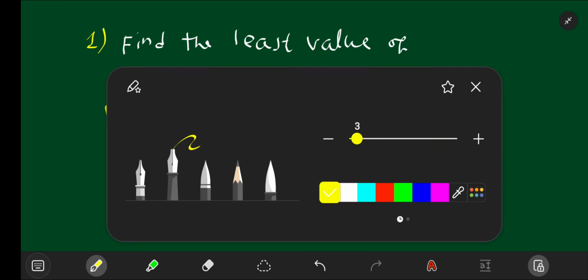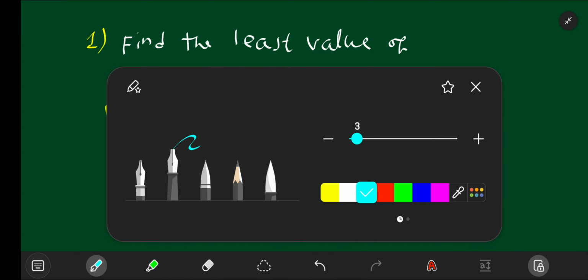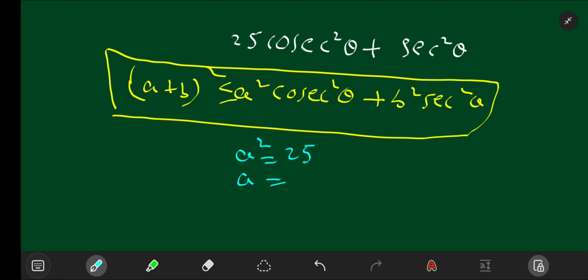Now compare. At the place of a square, 25 is there. So a square is equal to 25. Then a is equal to square root of 25. Square root of 25 is 5. So a is equal to 5.